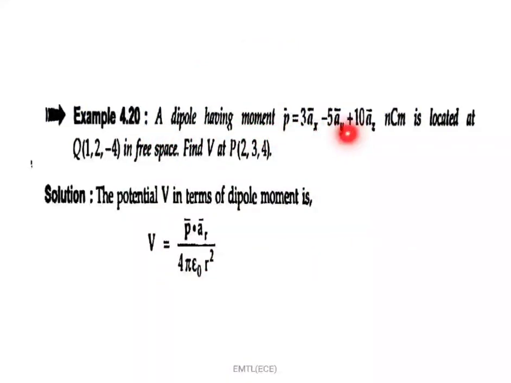A dipole having moment P bar equal to 3ax bar minus 5ay bar plus 10az bar nC·m is located at point Q(1, 2, -4) in free space.